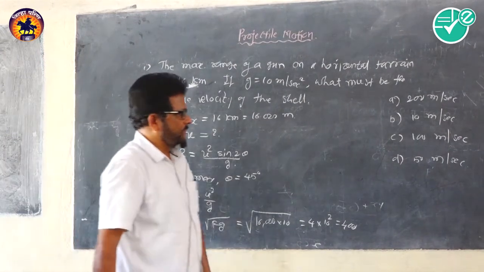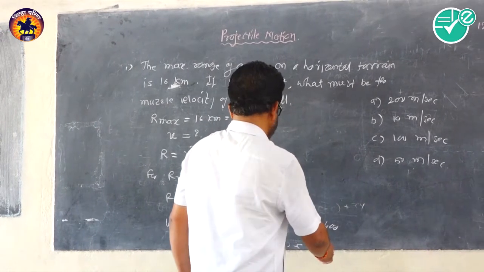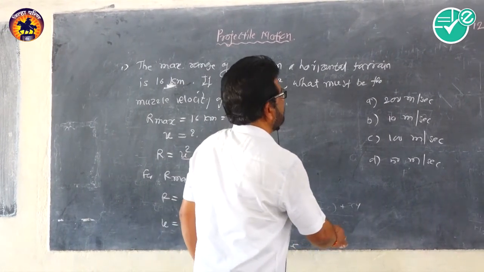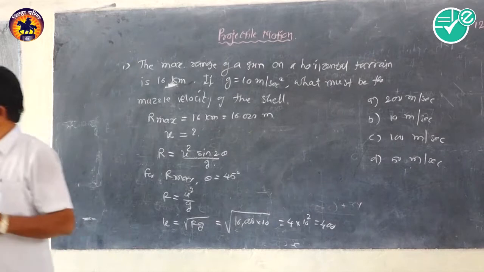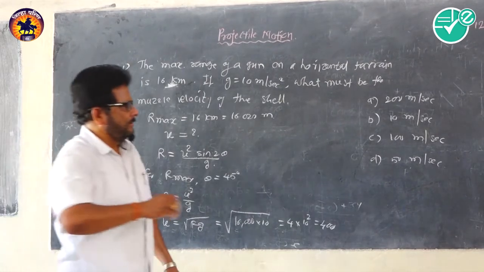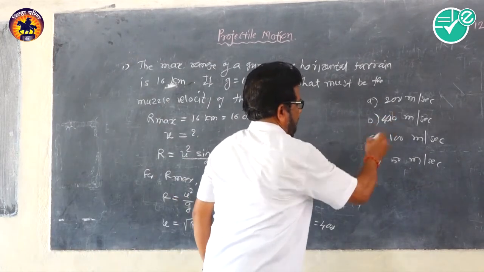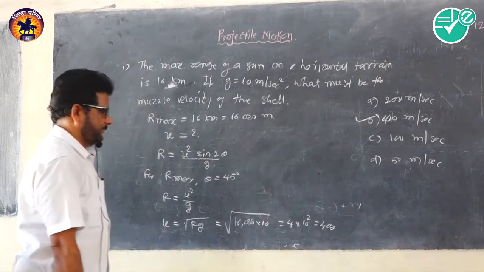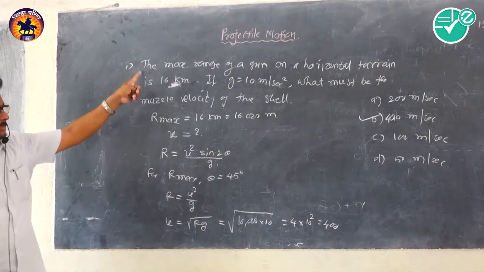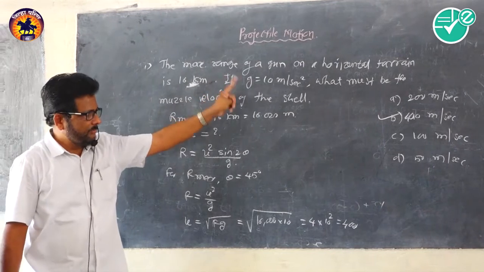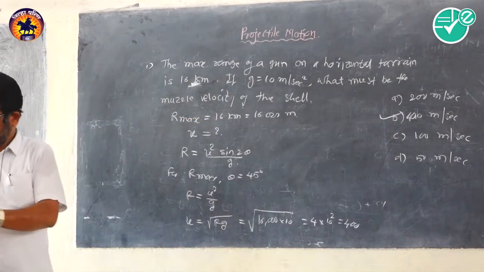And so the option 400 is correct. The muzzle velocity of the shell is 400 meter per second.